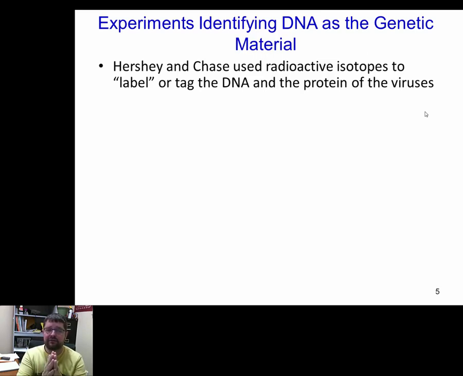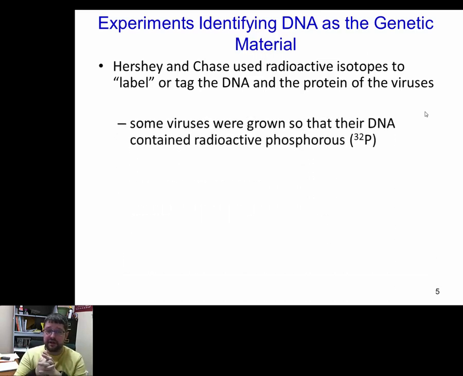And what I mean by tag is you use a radioactive isotope that's found as part of DNA or that protein. So in the case of DNA, we know that DNA contains phosphorus. So what you can do is grow DNA in a radioactive phosphorus media, so that when the DNA is constructed and it replicates, it picks up some of this heavy radioactive phosphorus.